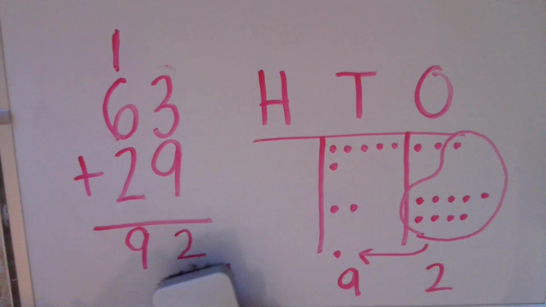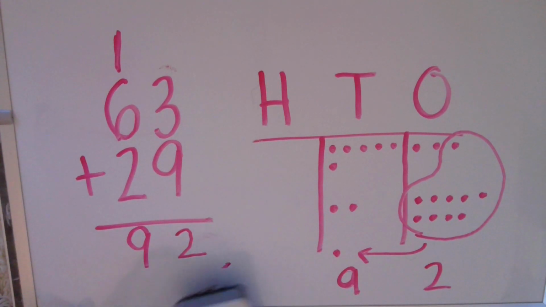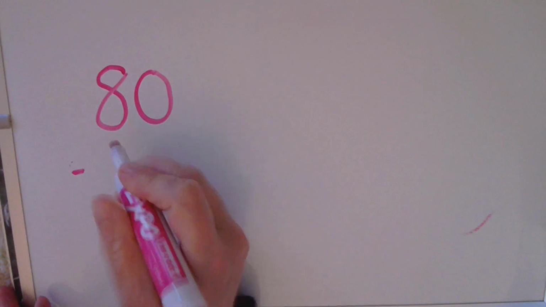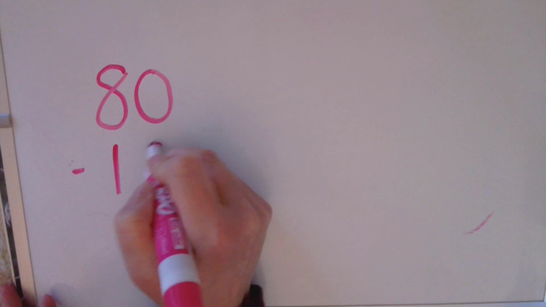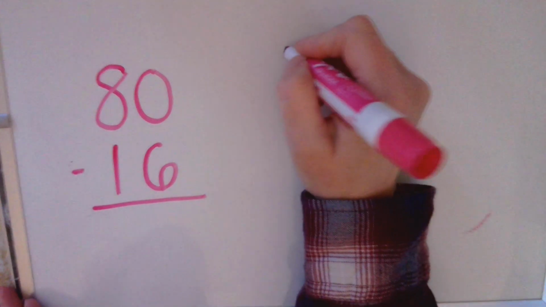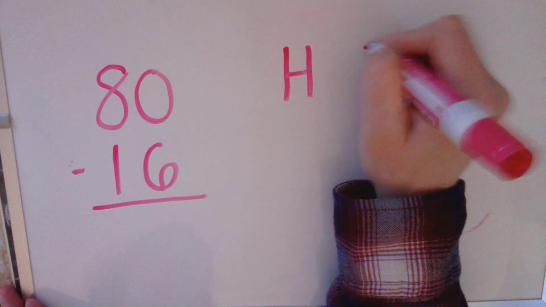Now we're going to do a subtraction problem, which is a little more tricky. So we'll do 80 minus 16. We also want to do our HTO chart.